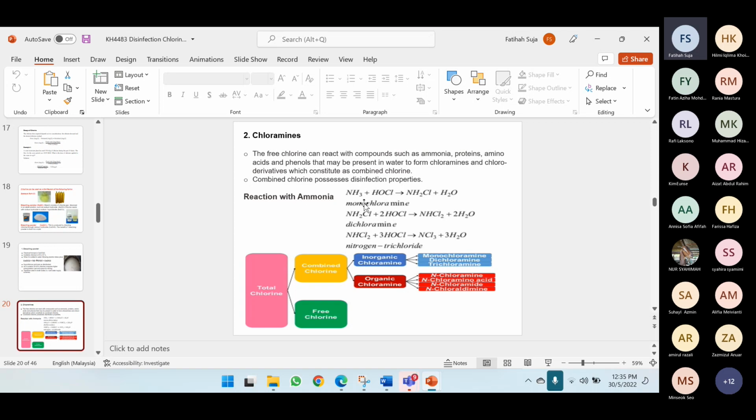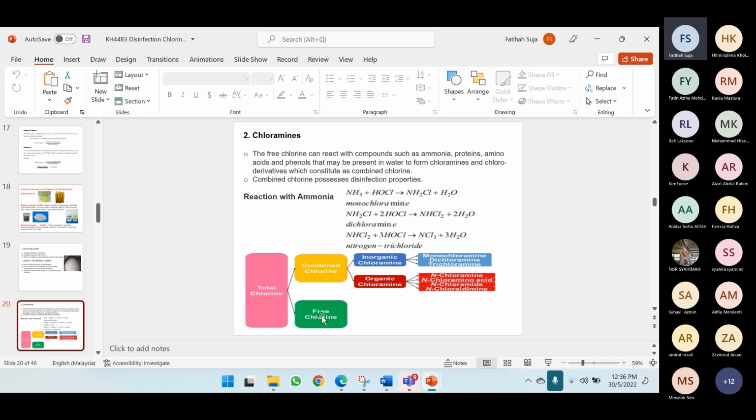So when you have ammonia, you react with hypochlorous acid, you will get monochloramine. And if this monochloramine then reacts again with hypochlorous acid, you get dichloramine. And this dichloramine then reacts again with 3 moles of hypochlorous acid, you will get nitrogen trichloride.